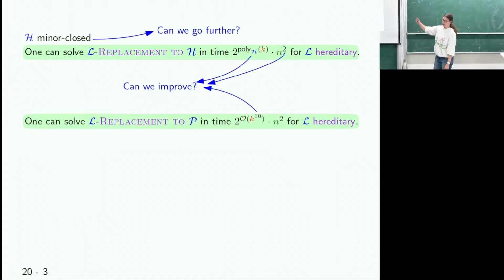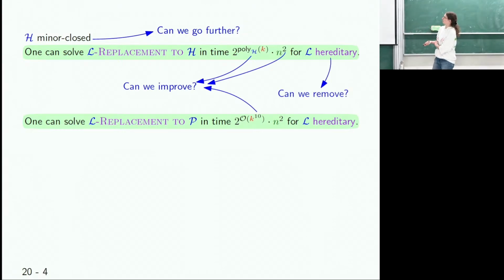Also, can we do more than minor-closed graph classes? Maybe some of you work on odd minors, so we could try vertex deletion to odd-minor-closed graph classes. The problem is that a lot of techniques are missing for now. We don't really know how to do the irrelevant vertex technique with parity. And also, can we remove the heredity?